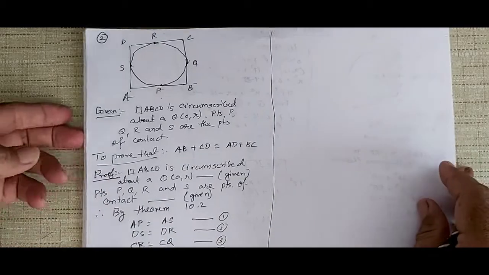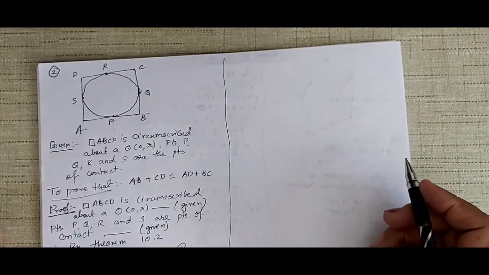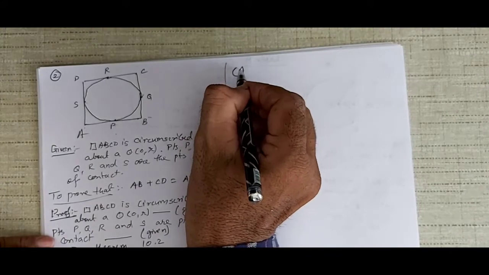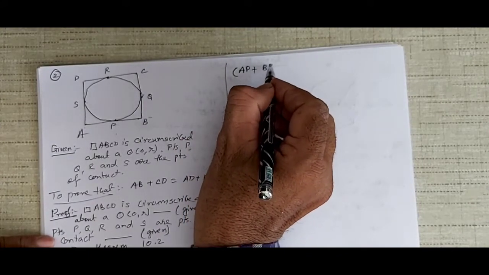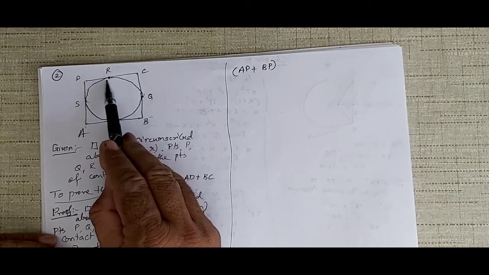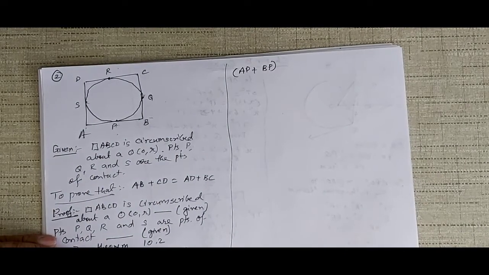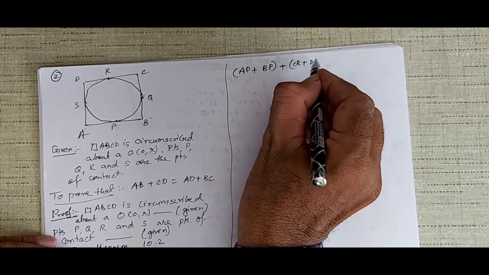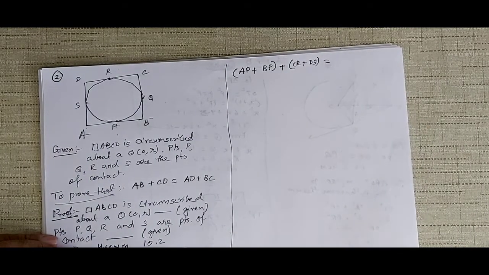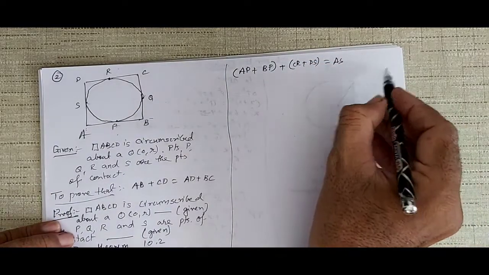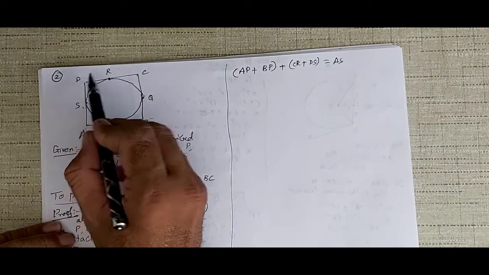If I add the 4 results, you can see what I will get: AP plus BP, and CR plus DS, is equal to AS plus DR, AS plus DR.